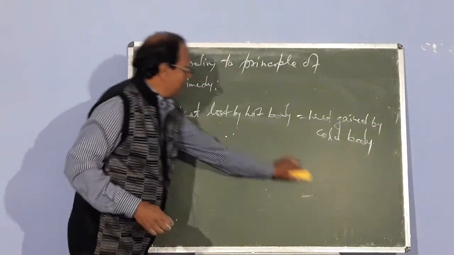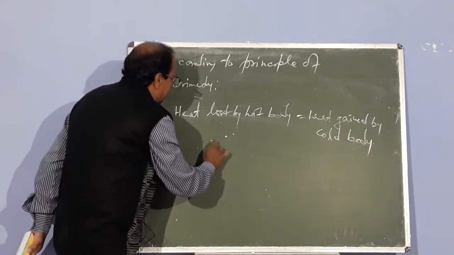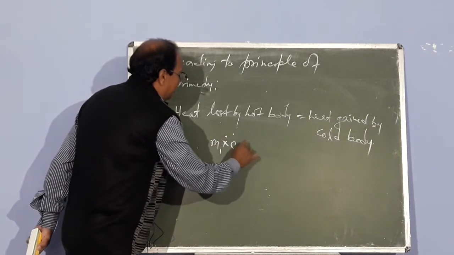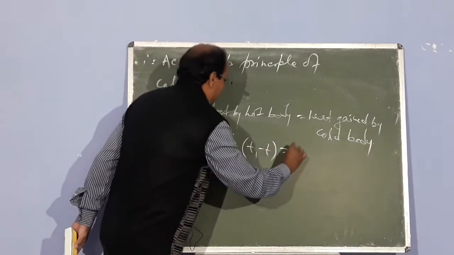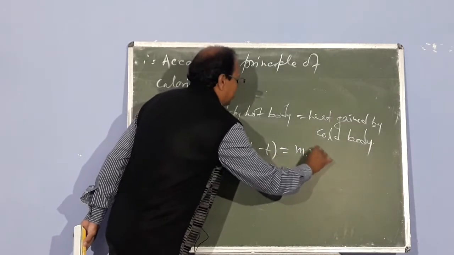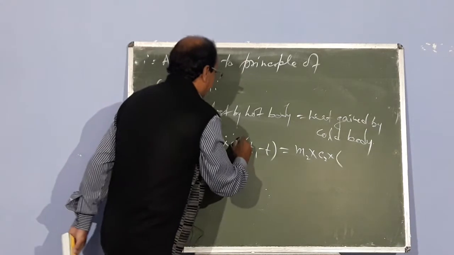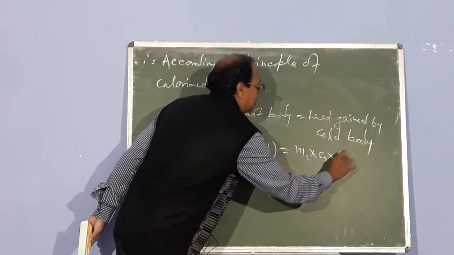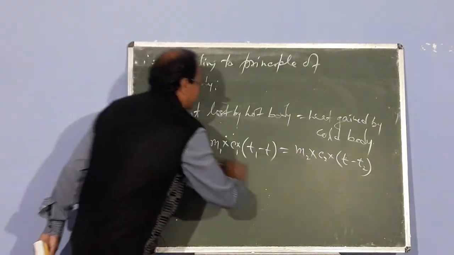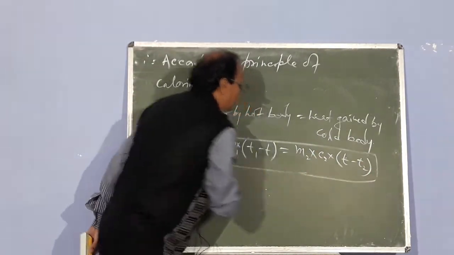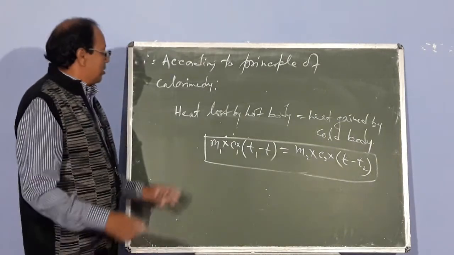Usually we get this expression: M1 into C1 into T1 minus T is equal to M2 into C2 into T minus T2.